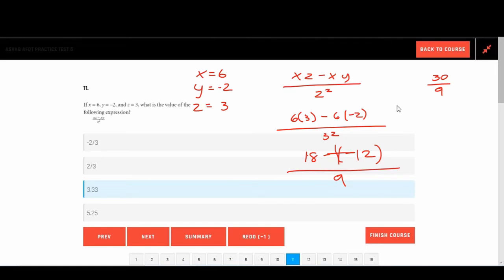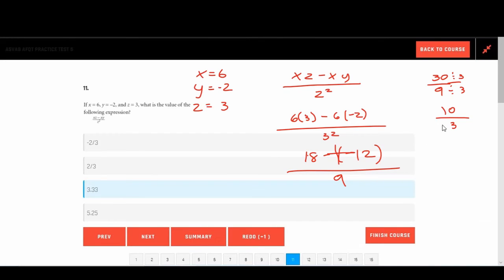And we can reduce this by a factor of 3. I'm going to divide top and bottom by a common factor of 3. 30 divided by 3 is 10. 9 divided by 3 is 3. So we can see that this is 10 over 3, which unfortunately is not one of our answer choices. So we have to work this out even further.